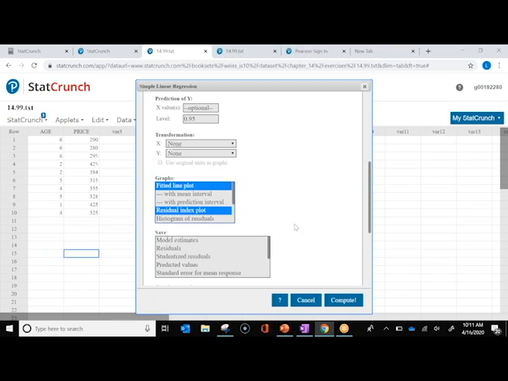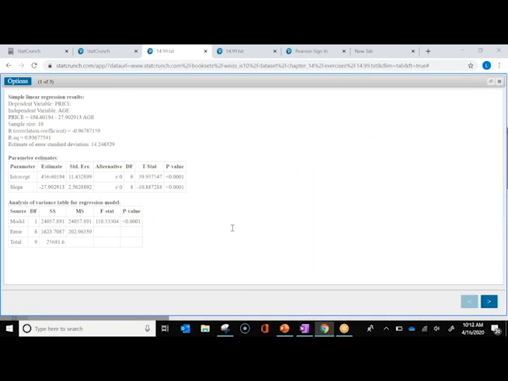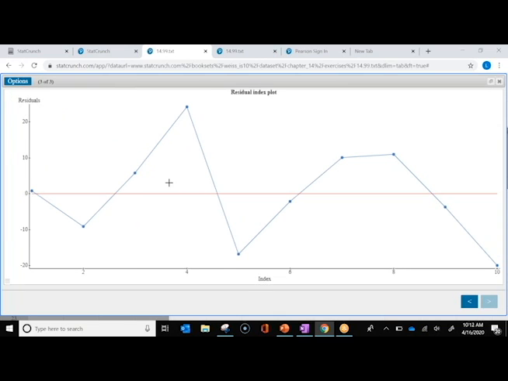So residuals are something we're going to do in chapter 15 to let us know if our data is normal. And again, I'll go over that next week, but it's good for you to see now where the graph is. And here's the residual graph. This is a graph of the errors.